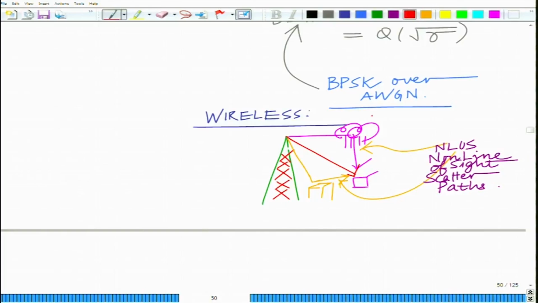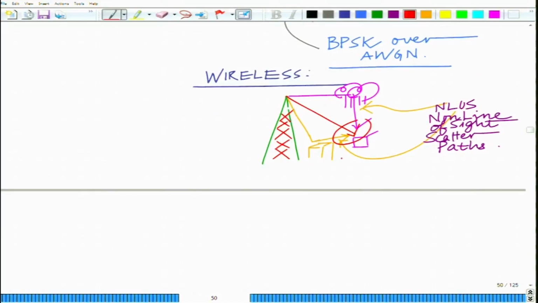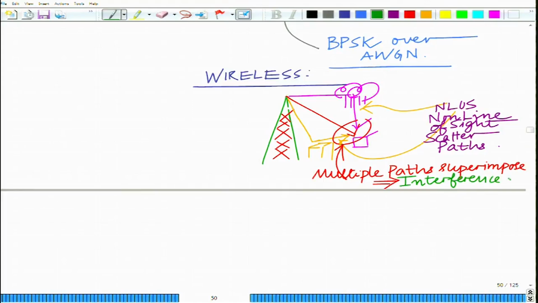Now, what happens when the signals from multiple paths superimpose? This is also known as a multipath environment. When multiple paths superimpose, this leads to interference, and that is the problem.